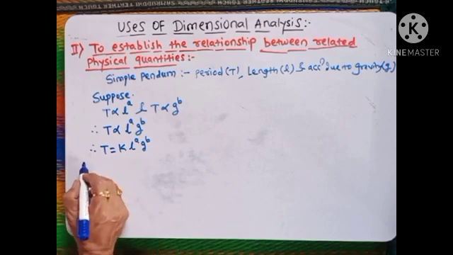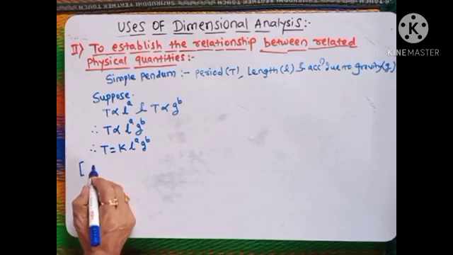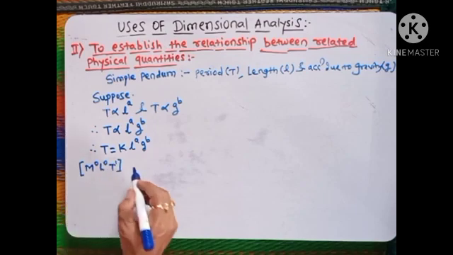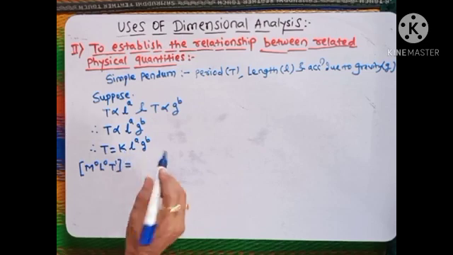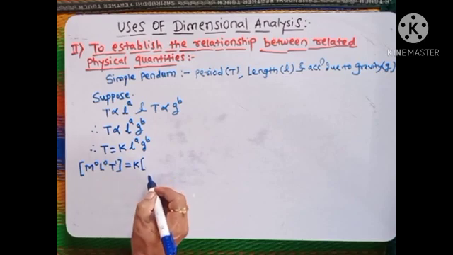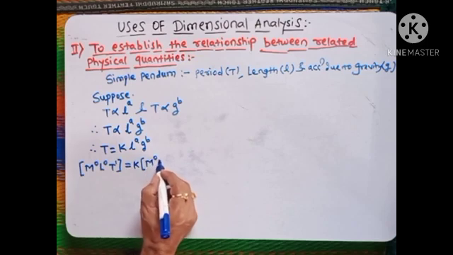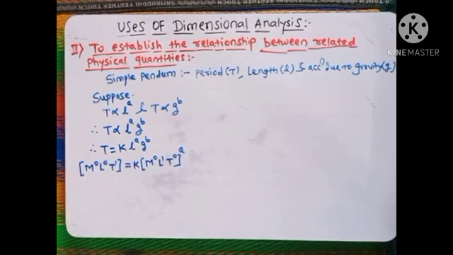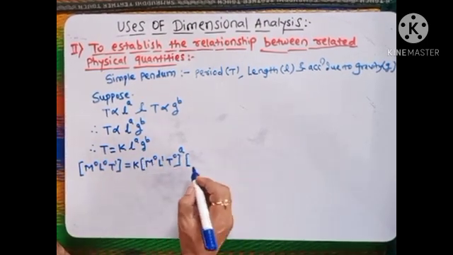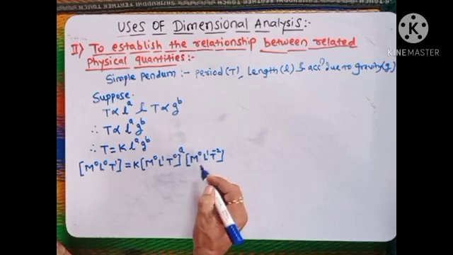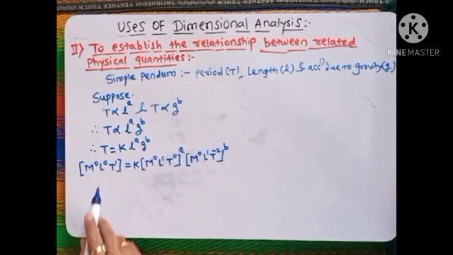Now we write the dimensions of both sides. See here, dimensions of time, that is M0 L0 T1, which is equal to K. This is the constant, it has no dimensions, therefore I will write K as it is, into L raised to A. Length, I will write M0 L1 T0 raised to A. This is the dimensions of L. And g means acceleration due to gravity, I will write M0 L1 T minus 2, these are the dimensions of acceleration, raised to B. Okay, I hope you understand this.